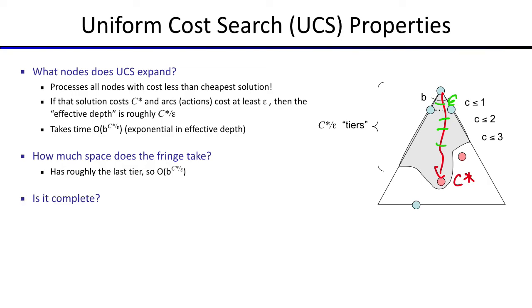Is it complete? Yes? No? Yes. Okay. I didn't mention this, but it's a good call. Assuming there's a solution with finite cost and that all of your edges are positive, then the algorithm's complete.